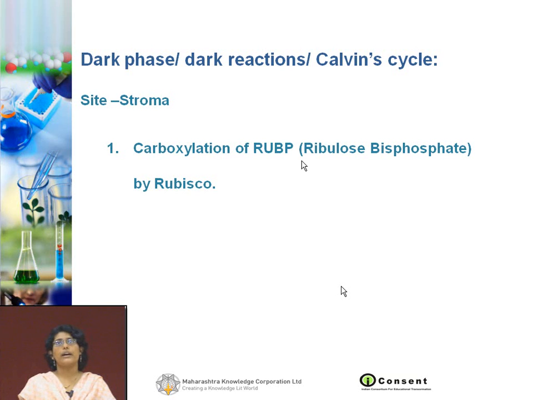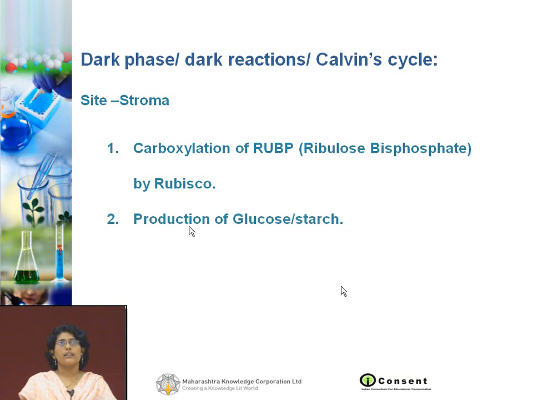It is one of the carbohydrates with 5 carbon atoms and 2 phosphate molecules. Bisphosphate, bis means 2, so 2 phosphate molecules. Ribulose is a carbohydrate which has 5 carbon atoms. Thus, RUBP reacts with carbon dioxide in the presence of Rubisco enzyme, and the reaction is called carboxylation of RUBP. Ribulose bisphosphate is shortly said as RUBP.